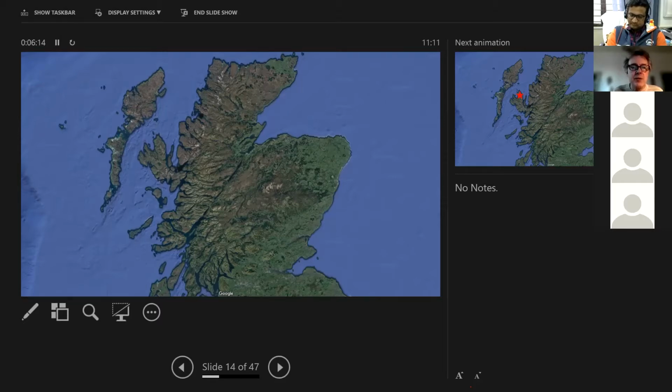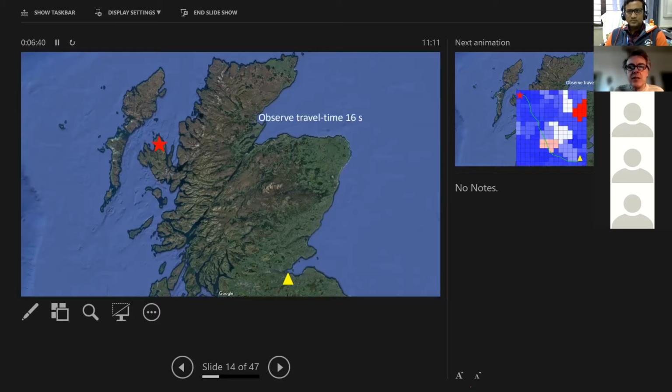So imagine that we fired a source up here on the Isle of Skye, and seismic waves propagated through the crust, and we recorded them at a seismometer down here, which is right on top of my house in Edinburgh. That's where I am today. And we recorded the travel time of that wave, so how long it took to get from the source to the receiver. And let's say we observed that that travel time was 16 seconds.